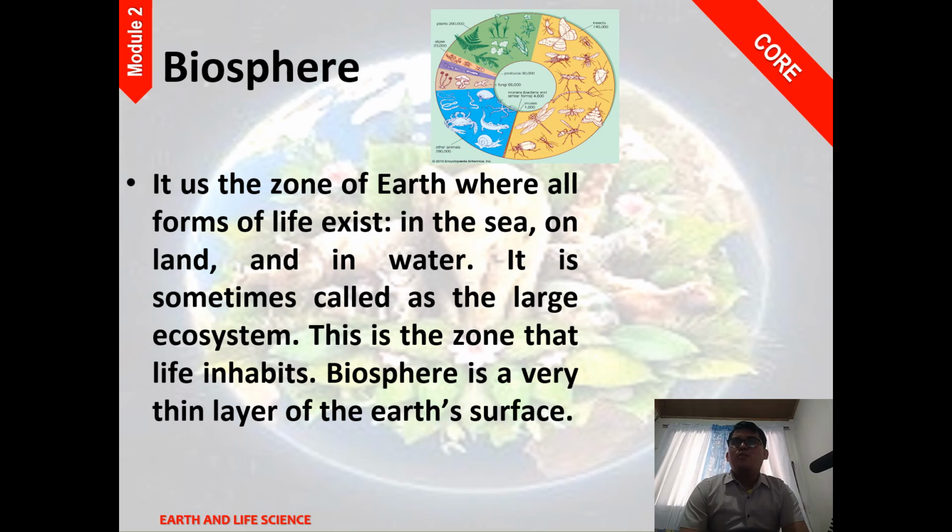Although there are many living things that flourish on our planet, the biosphere is a very thin layer, but it's very vital in our planet because there would be no nutrient cycle if it weren't for these living things.